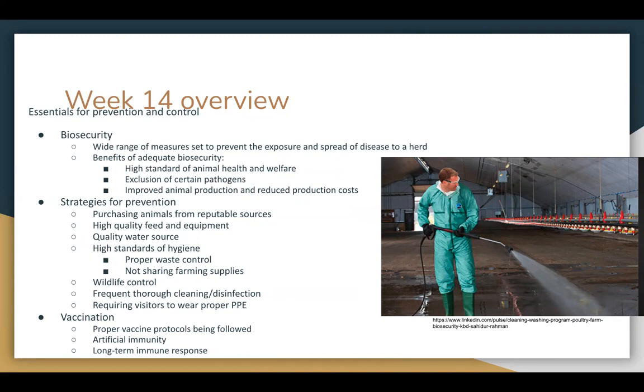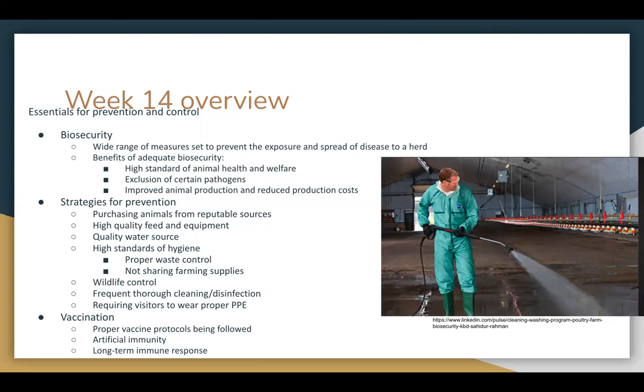And the benefits of biosecurity are typically just a higher standard of animal health and welfare, ruling out and excluding certain pathogens from healthy animals. And then in production animals, it would lead to improved animal production and reduced production costs.